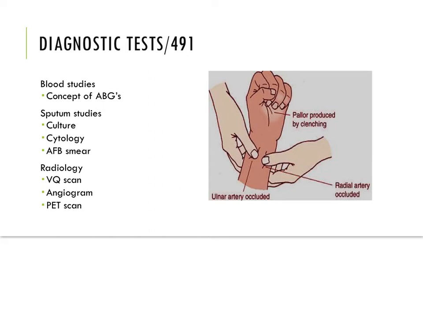A cytology is looking for the presence of abnormal cells that could indicate malignant conditions such as lung cancer. When someone has a cytology collection done, it doesn't matter if it's sputum, blood, or pleural fluid, we're always looking for the presence of abnormal cells that could indicate possible malignant cells.